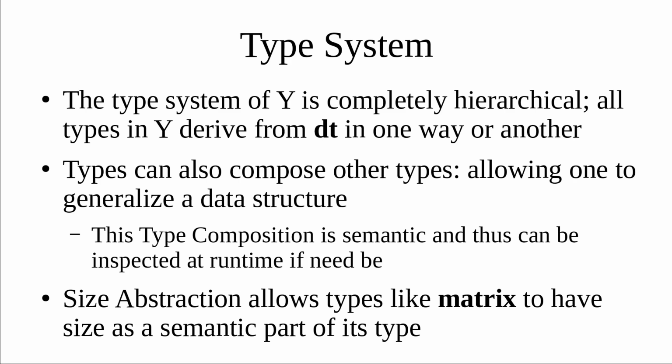And this allows for, of course, the compile time checking if you have a constant. But there's also dynamic allocation with that length that you have, but it's still part of the type, so it can be inspected at runtime.